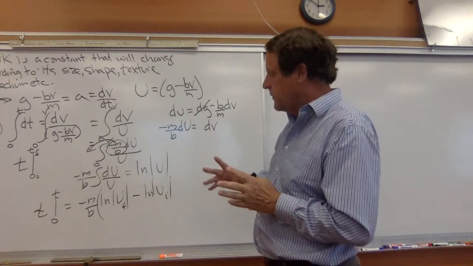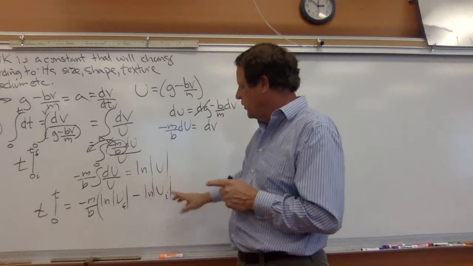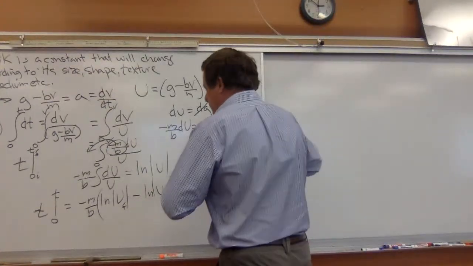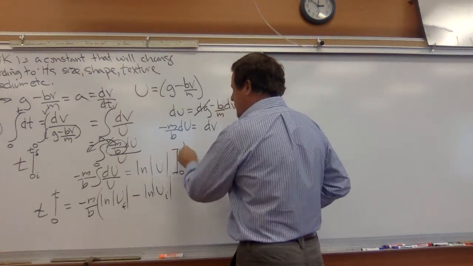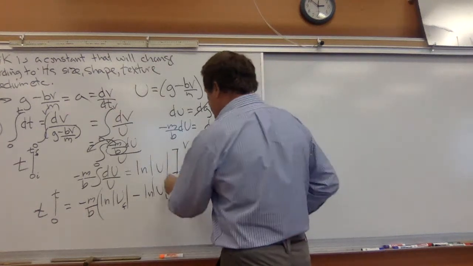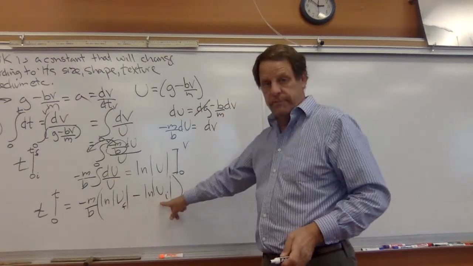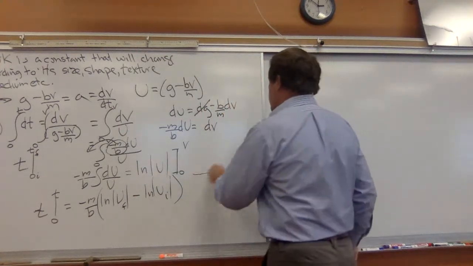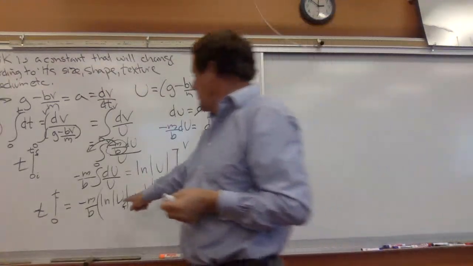Okay, so we end up having this integral of du over u, which is the natural log of u. So now this is going to be through the terms of 0 to the v final, which is going to be our final minus our initial. So we're going to kind of bring this up to here.